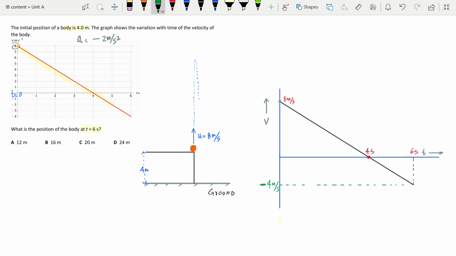Okay, anyways, so how can you find out the position? We know that if this is a velocity-time graph, then the area under this graph will be equal to displacement covered.